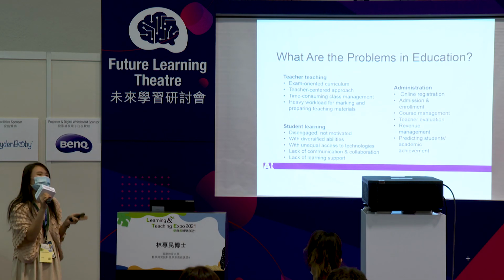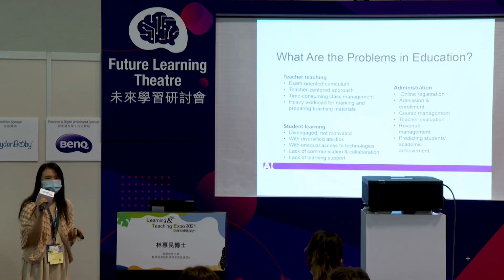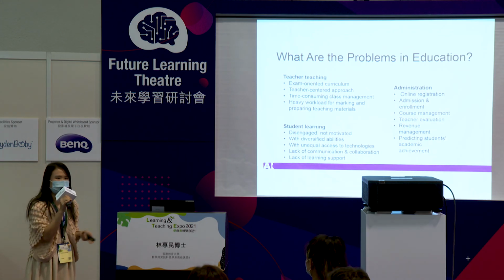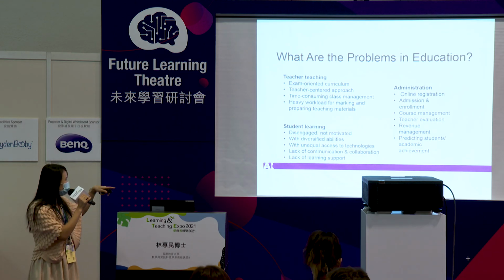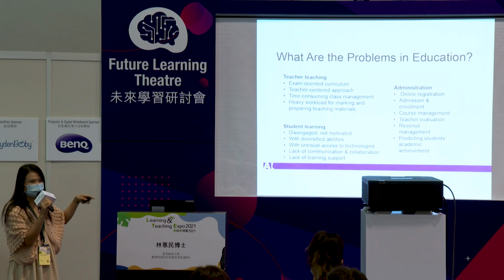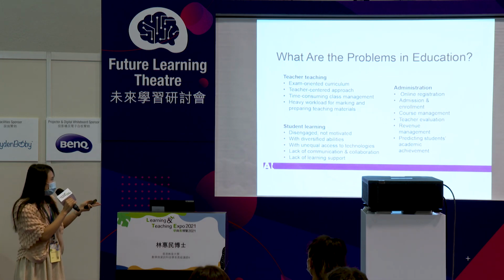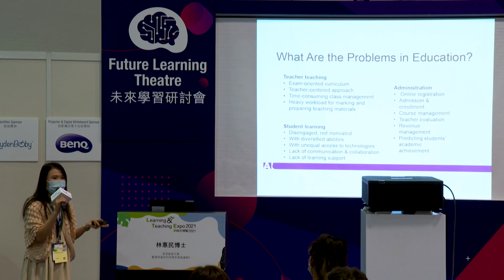Administration, I think most schools, including secondary school and university, will have their own management system to manage student records, admission, etc. But how about the data they collected over years?